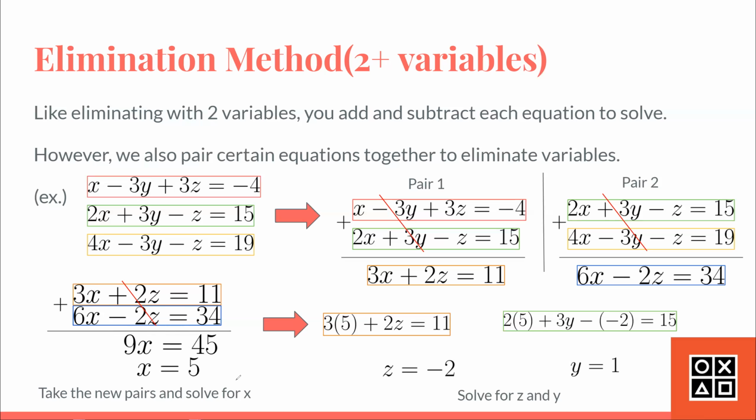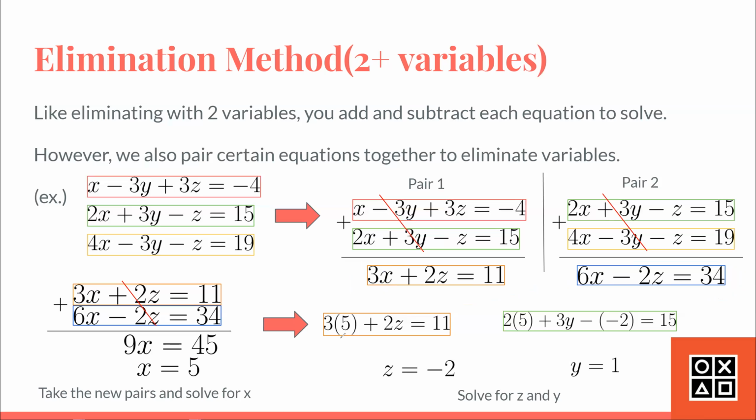So now that you know that x equals 5, you go back to either one of these pairs to find z, or any other variable if you're solving another problem. In this case, we took the orange one for simplicity's sake. So 3 times 5, remember, x is 5, so we can plug in 5 for x. 3 times 5 plus 2z equals 11.